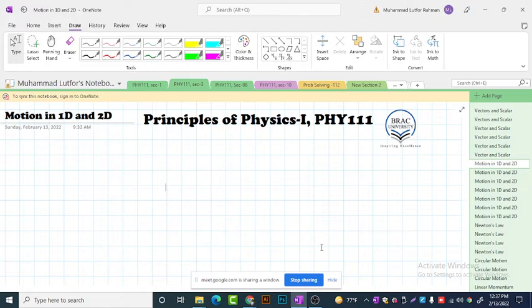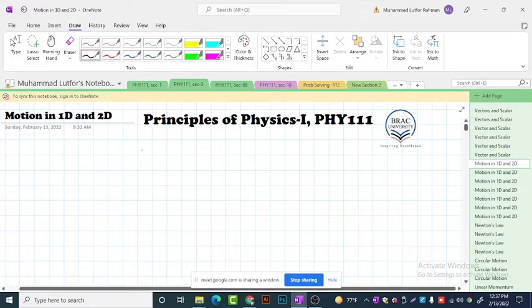Fine. We'll talk about motion in 1D today. An object is in motion when it is moving, which means it is changing its position.